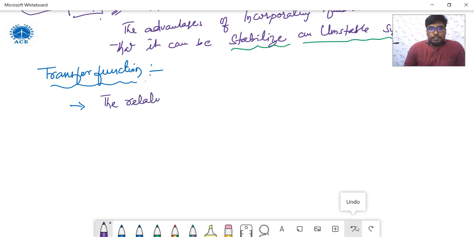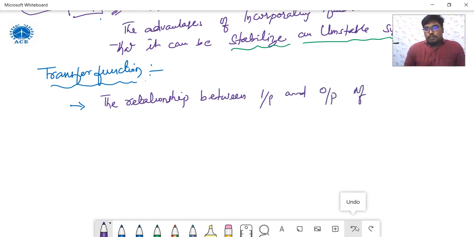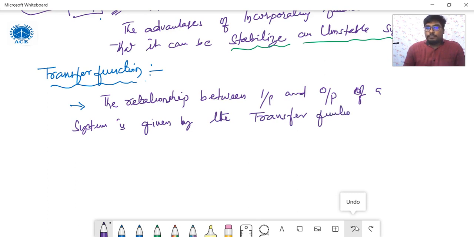The relationship between input and output of a system is given by the transfer function.